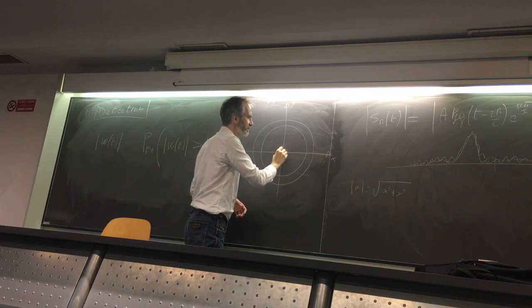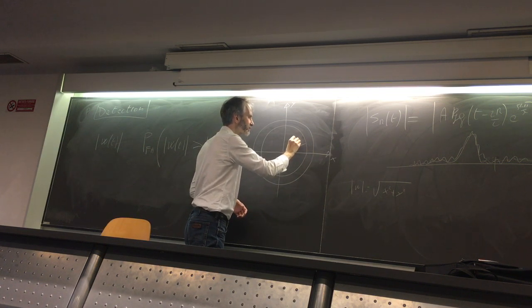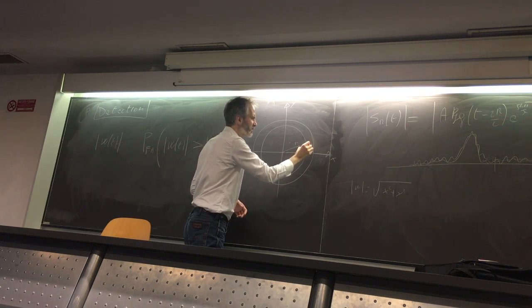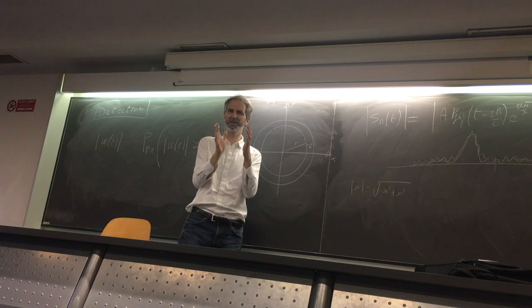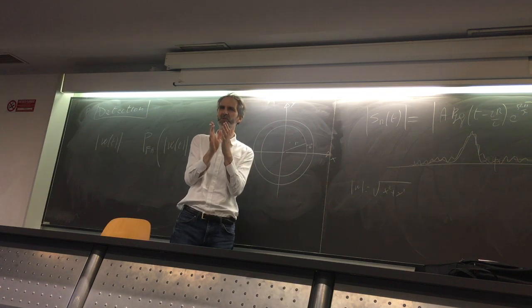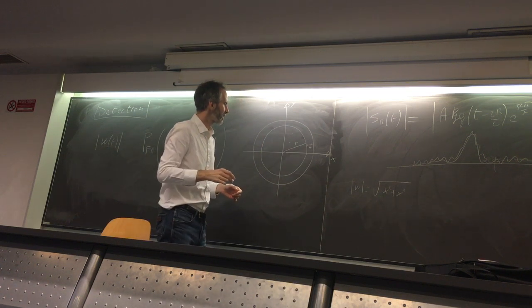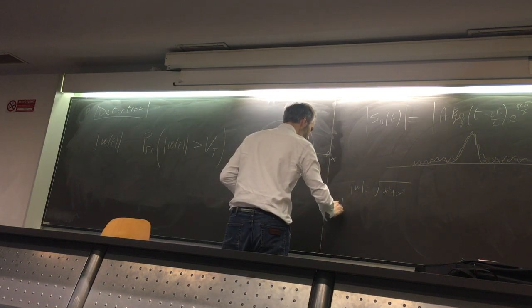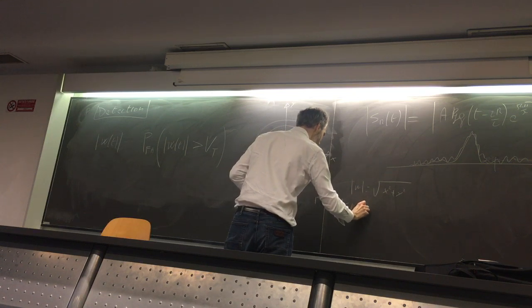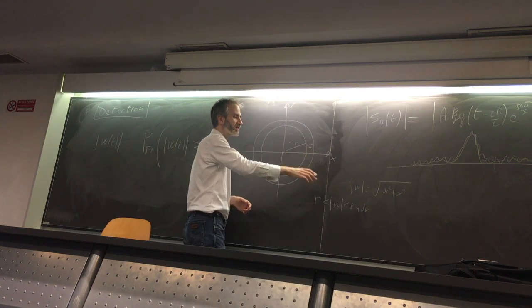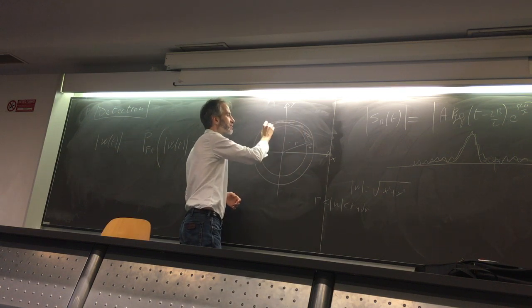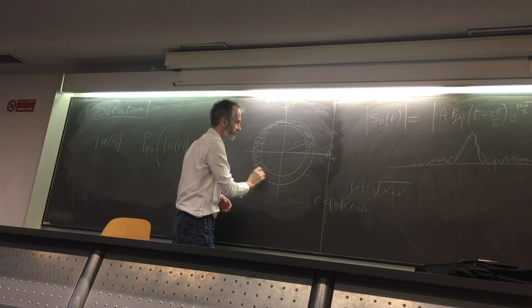Let's say that this is R, this is dr, so this is a small portion of space, and the probability that this falls between R and R plus dr is equal to the probability that this pair of random variables brings you in this region.